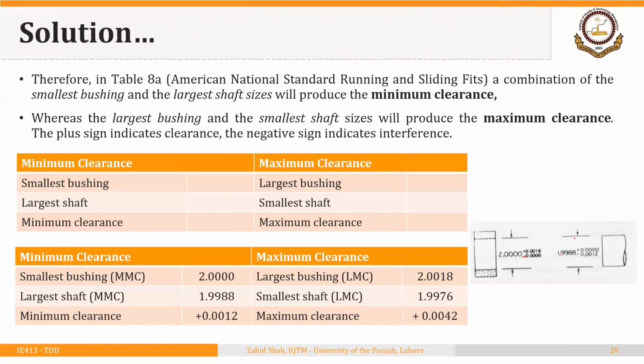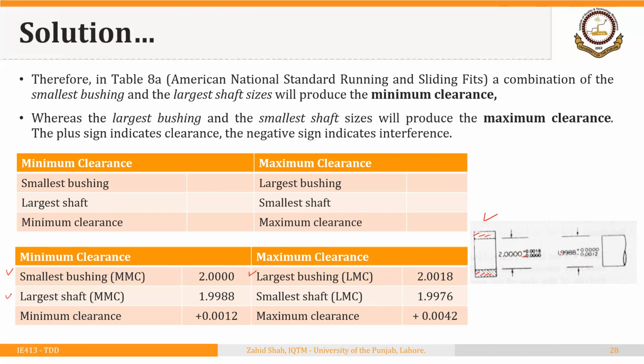So the smallest hole that we can achieve will have a size of 2, that is the lower limit of this hole. And the largest hole will have a size of 2.0018, or its upper limit.